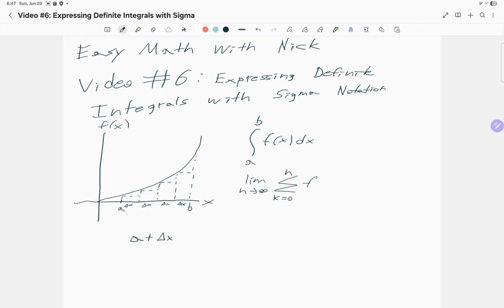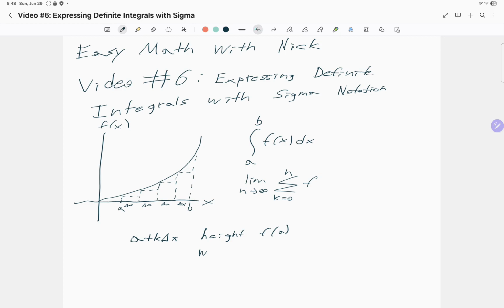If we're doing a left Riemann sum, and we're starting at k equals 0, what we're going to have is a plus k delta x. So k is equal to 0, so the height of our first rectangle is just going to be f of a. Height f of a, and our width is delta x. That doesn't change. That's going to be the same.